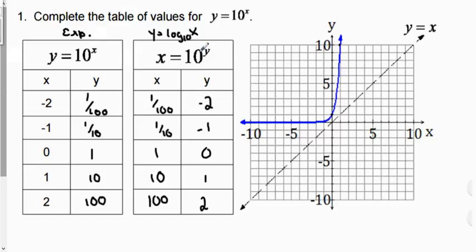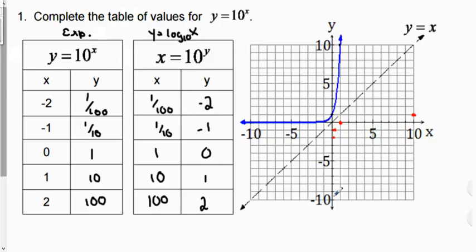So when I switch the x and y values, what I've essentially done is created a reflection in the line y equals x, because all we've done is change the domain and range. So if we plot the new function, I take the points that are easy to read here, say x equals 1 and a y value of 0, and then x equals 10 and a y value of 1, x equals a tenth and a y value of negative 1, so we'd be looking somewhere around here, and then somewhere around here.